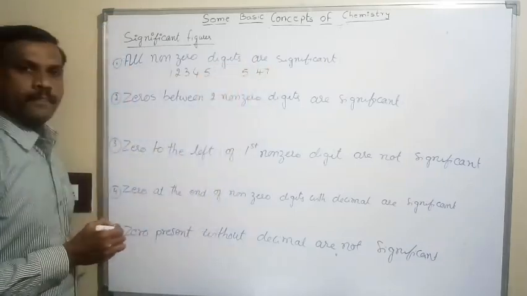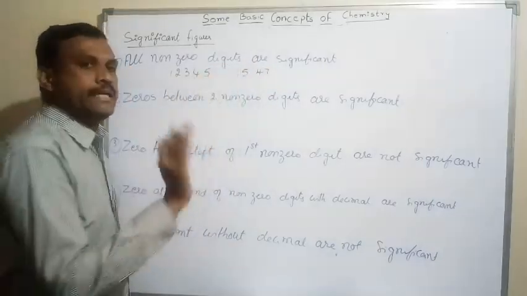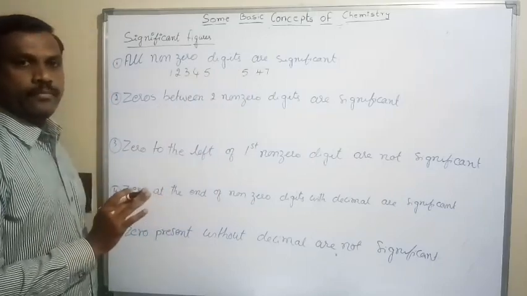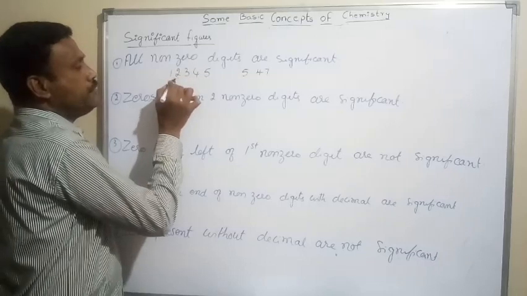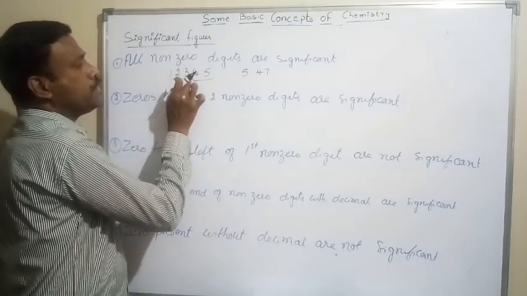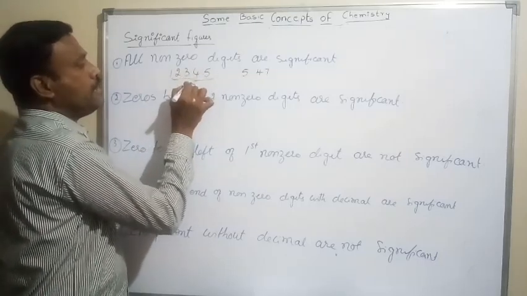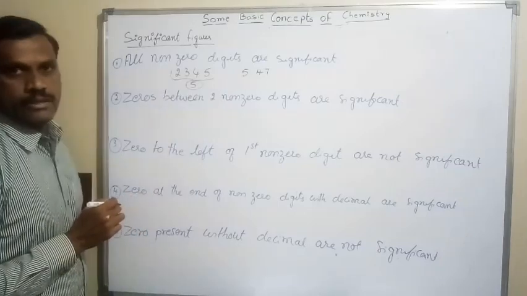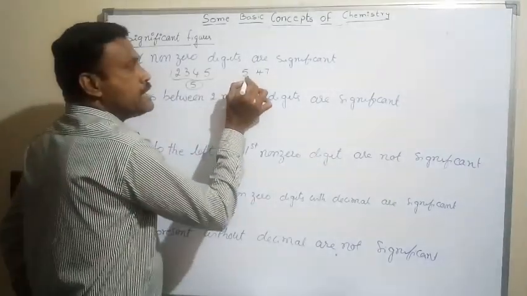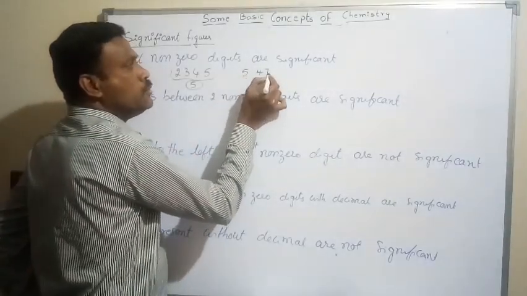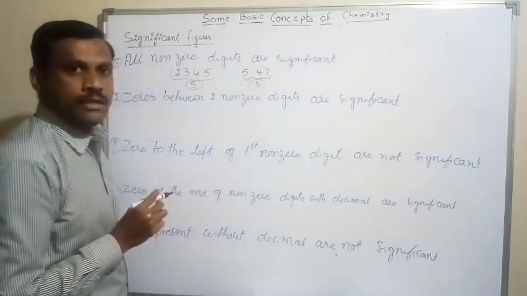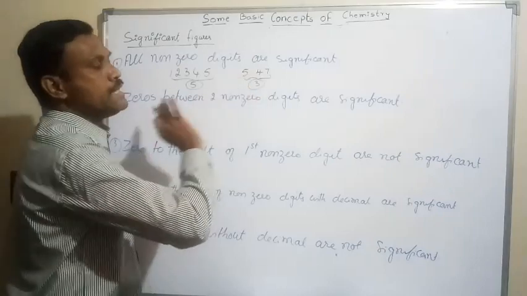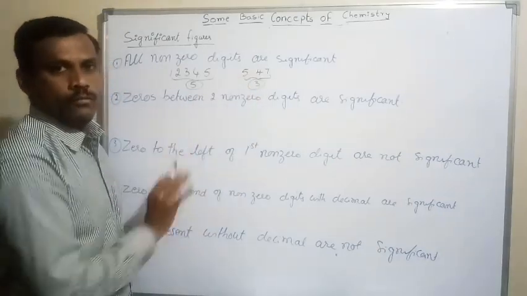Take 5.47. Here the decimal does not count. The number of significant figures here is 1, 2, 3, 4, 5. It has 5 significant figures. In the second case, 1, 2, 3, there are 3 significant figures and the decimal does not play any role.